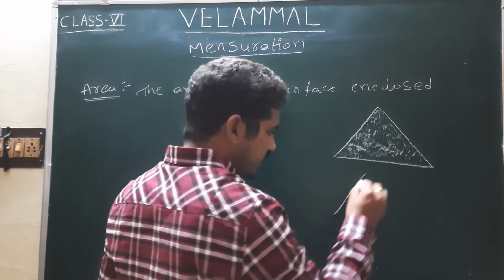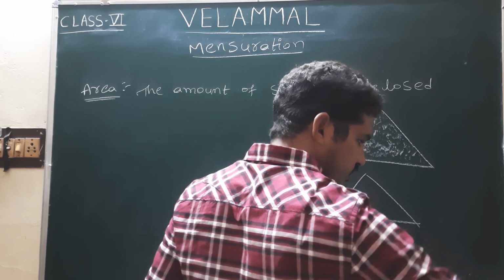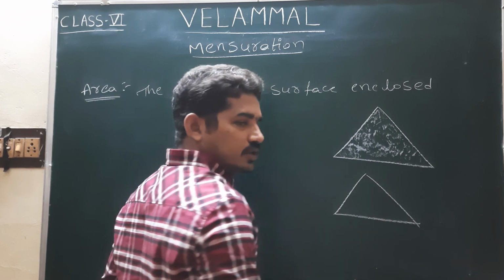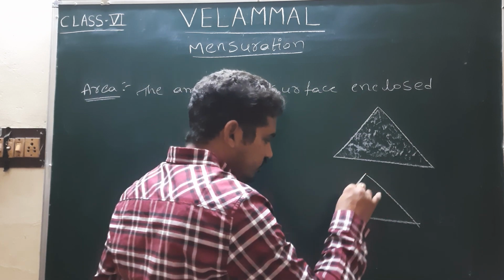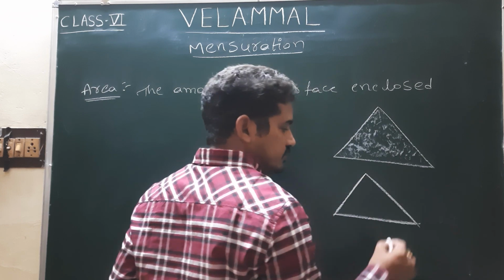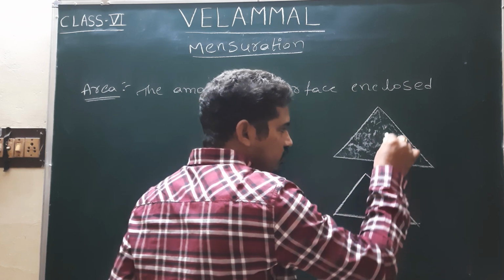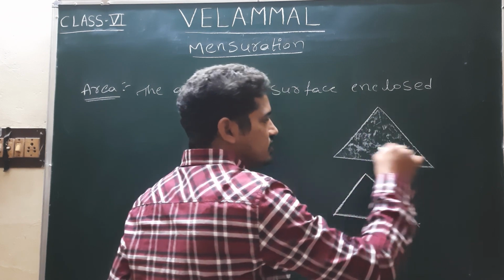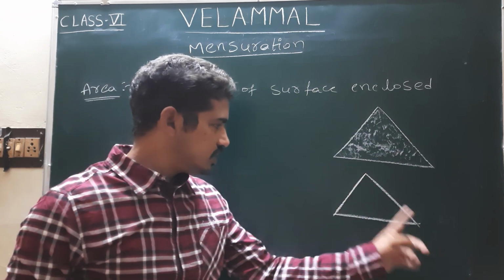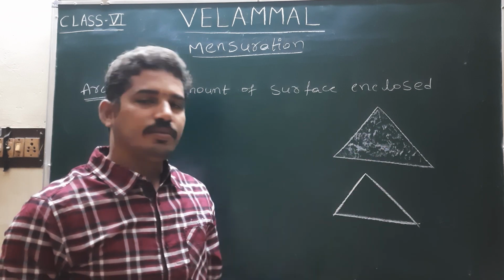See, if you find the perimeter, you will add only these lengths. But coming to area, everything enclosed is called the area, and finding these boundary lengths alone is called the perimeter. There is a difference between area and perimeter.